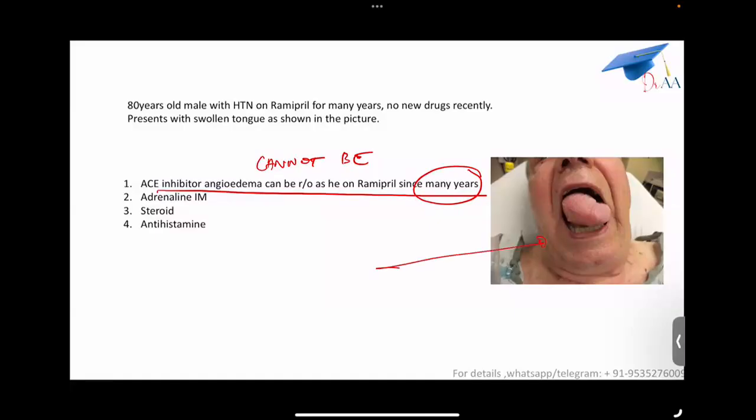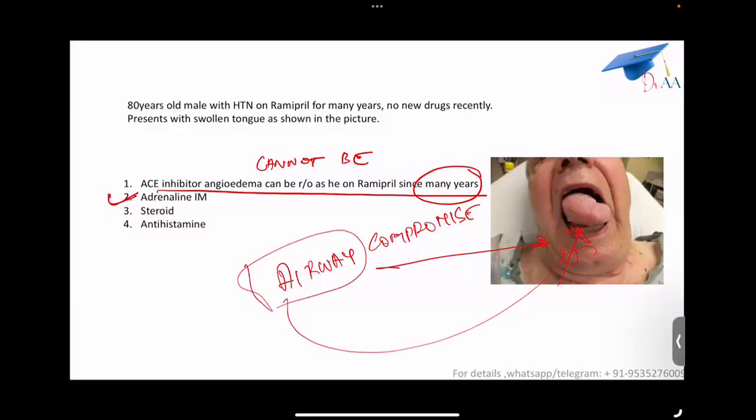So this is the picture given. What are you suspecting here? An allergic angioedema, or drug induced, yes. The tongue is so swollen that you suspect the airway might be compromised. It can still be allergic angioedema. We are not sure. That's the reason the right answer here will be adrenaline IM. Nothing suggests whether it is allergic or non-allergic, and it is really difficult to diagnose depending on that.